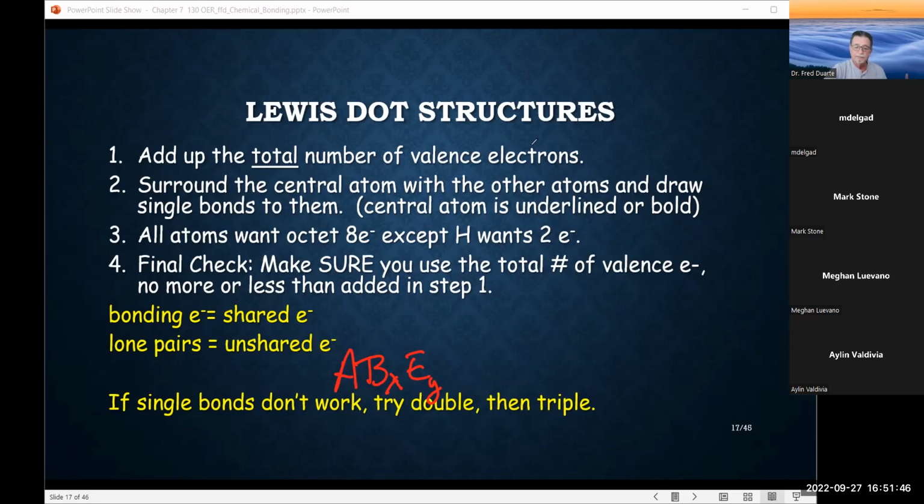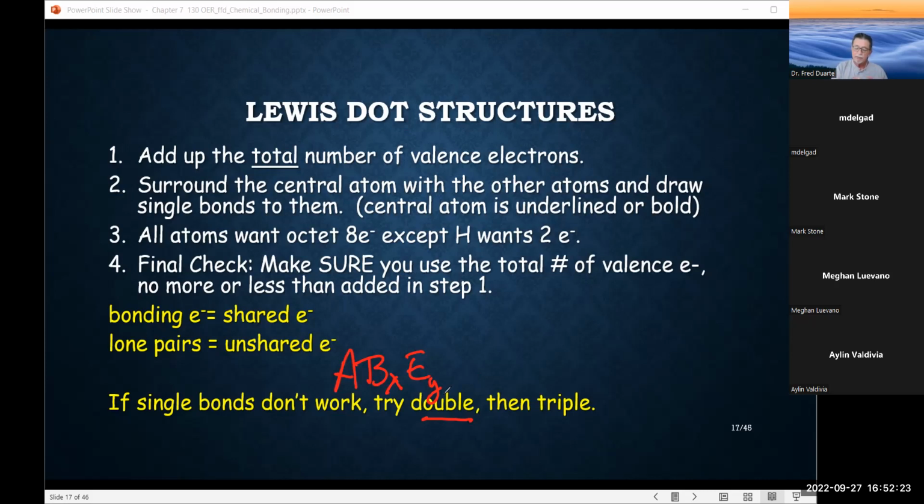Now, if we're done and we've put all the lines that we can and we check the octet and we don't have enough, somebody's missing electrons, well, we don't magically just pull one out of there and stick it in there. No, what we do is we take from the neighbor who may have some non-bonding electrons and create a double bond, and have those electrons on one atom shared with the central atom, back and forth, okay?